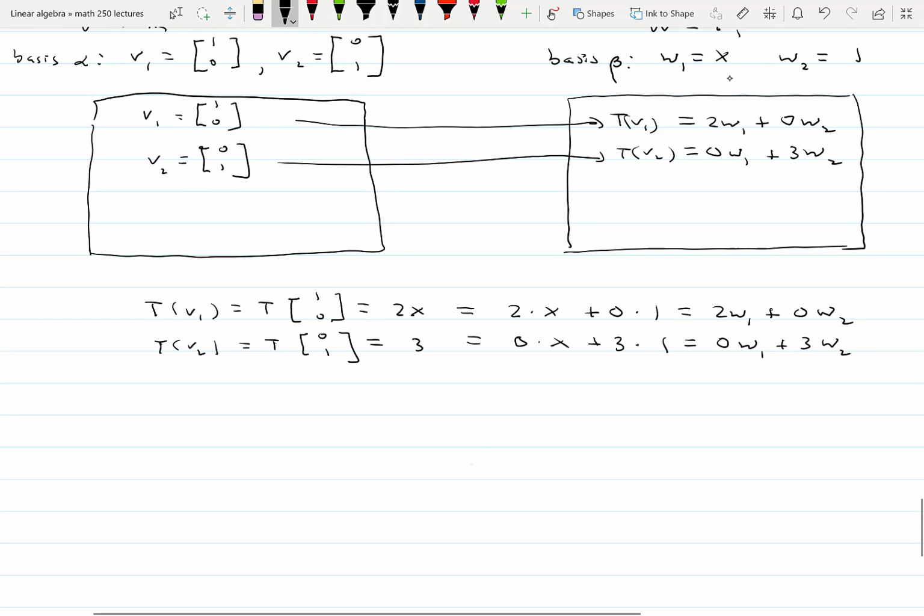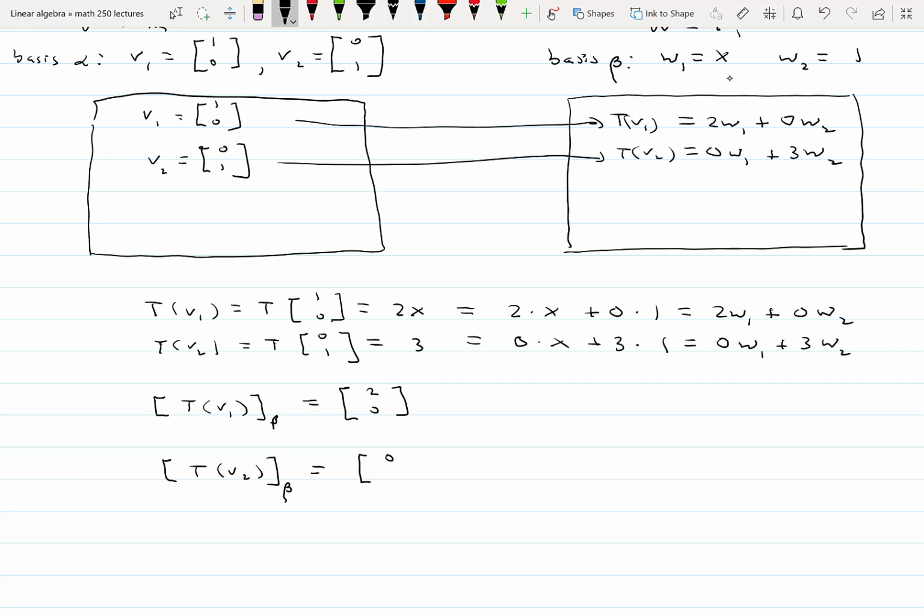So what I want to do is find the coordinate vectors for T of V1 and T of V2. The coordinate vector of T of V1 with respect to the basis beta is the column vector (2, 0), and the coordinate vector of T of V2 with respect to beta is the column vector (0, 3).